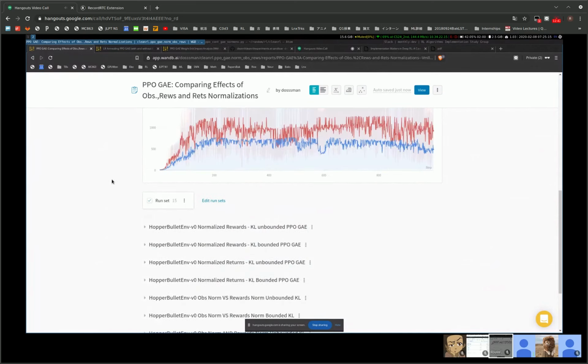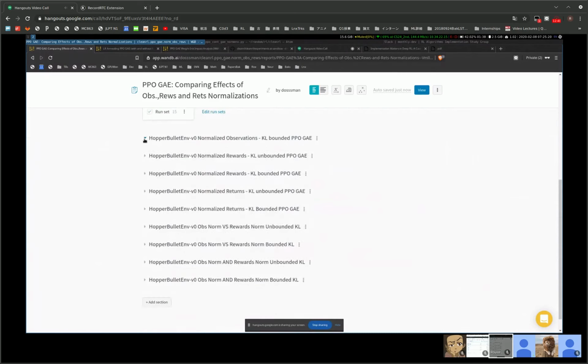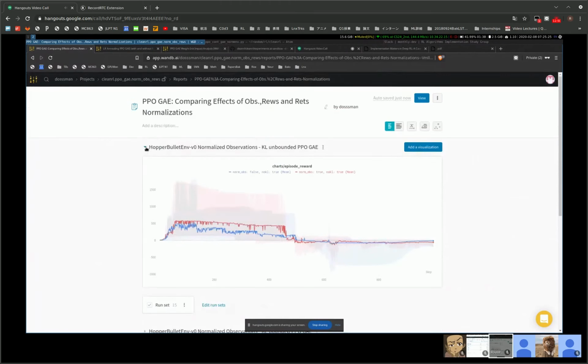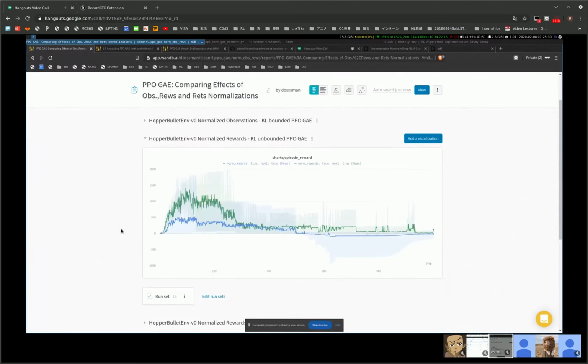Yeah, so that's basically it for the debugging, and now the real runs. Regarding the normalized observation, on top of that, I also experimented with the KL bounded and KL unbounded variants. I don't know if you remember when we cut the policy update short, depending on the KL. Right.